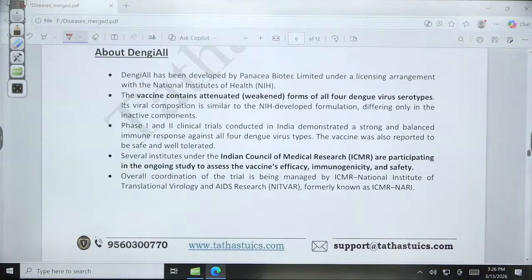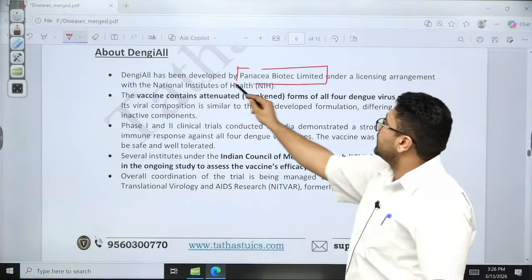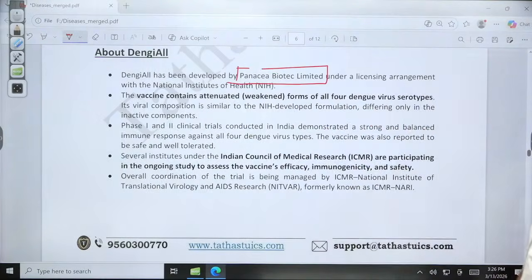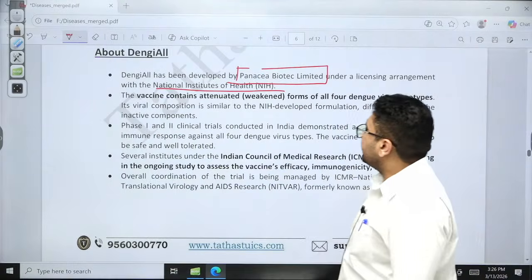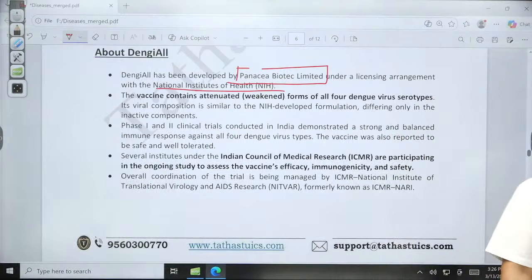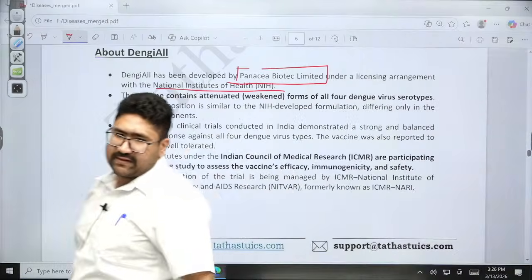Now, Dengue All, who is developing this vaccine? There is this company, that is Panacea Biotech Limited. This becomes important under the licensing arrangement of National Institute of Health. Now as I have already told you, the vaccine can be of different types. It can be live vaccine, it can be dead vaccine, it can be subunit vaccine, it can be genetic vaccine.